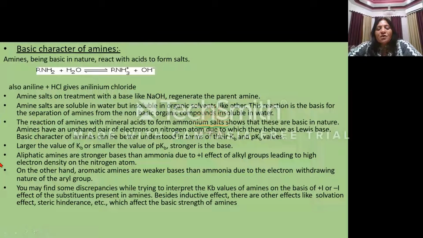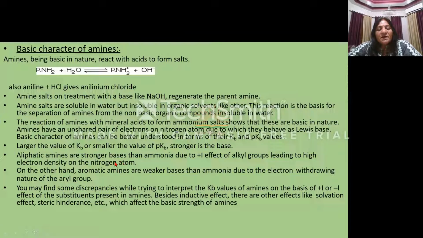Aliphatic amines are stronger bases than ammonia due to the plus I effect of the alkyl group. The alkyl group is an electron releasing group and increases the electron density on the nitrogen atom. So the more alkyl groups attached to the nitrogen atom, the more the basic character increases due to the denser nitrogen atom.